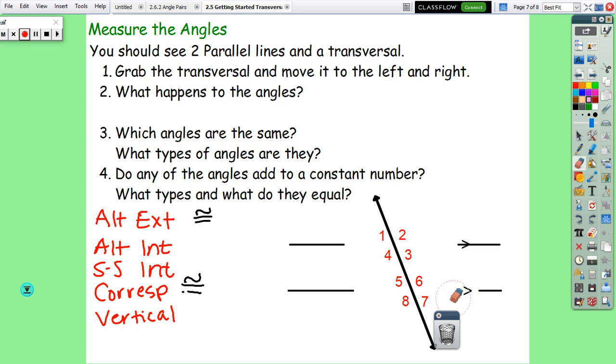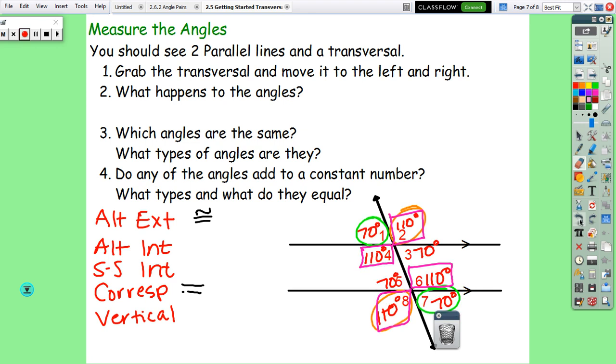Ooh, that was not what I wanted to do. I guess we'll just keep going. All right, so alternate interior angles, okay, would be like 3 and 5 and 4 and 6.